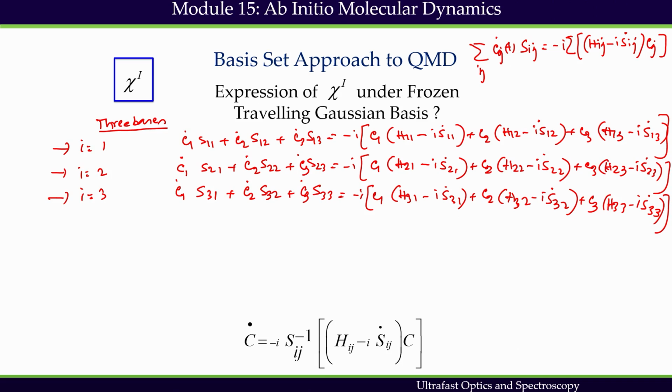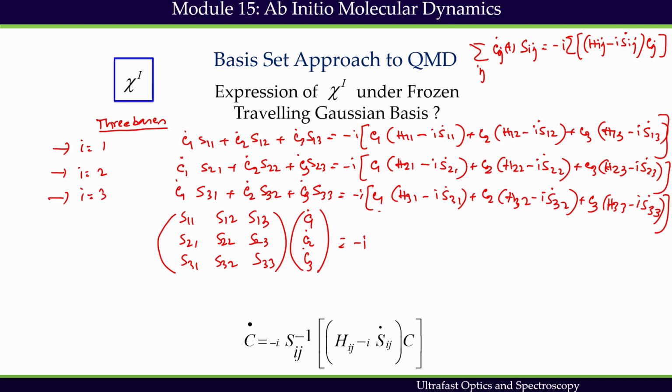Finally, in the matrix form, if we want to express it, one can do it with S11, S12, S13, S21, S22, S23, S31, S32, S33, multiplying C1 dot, C2 dot, C3 dot, equals minus I times the matrix H11 minus I S11, H12 minus I S12 dot, H13 minus I S13 dot.